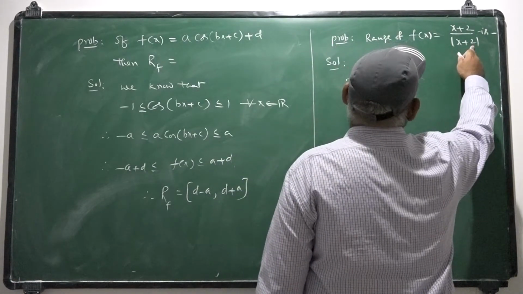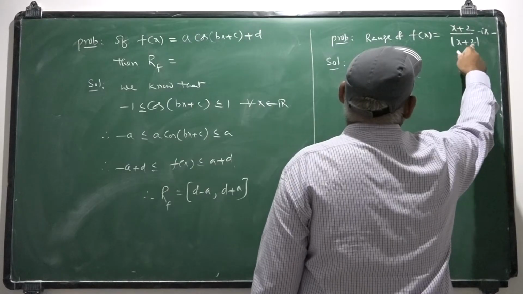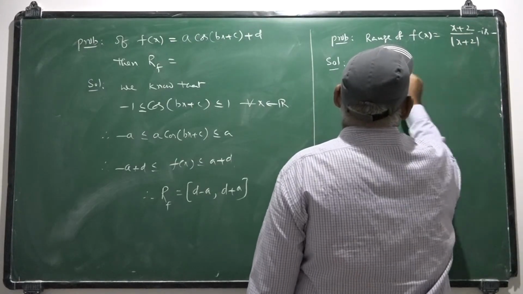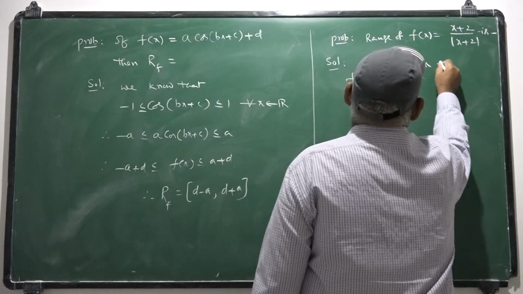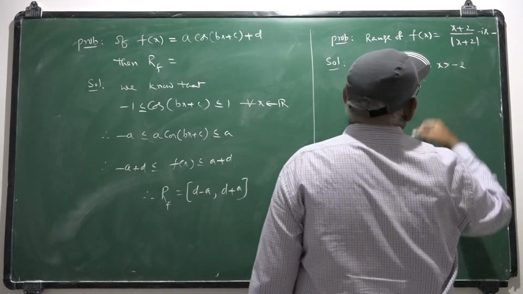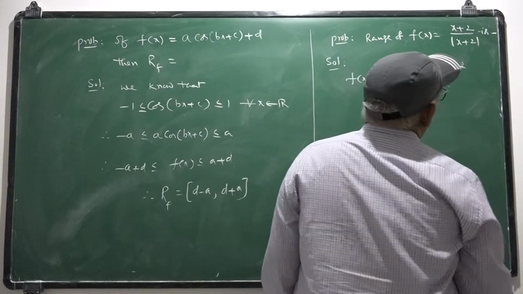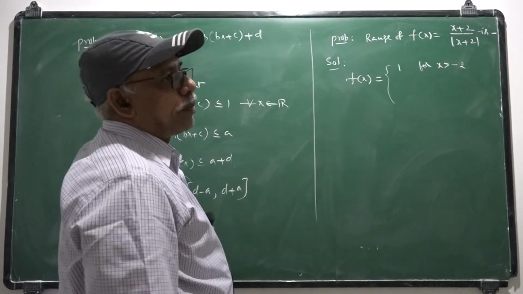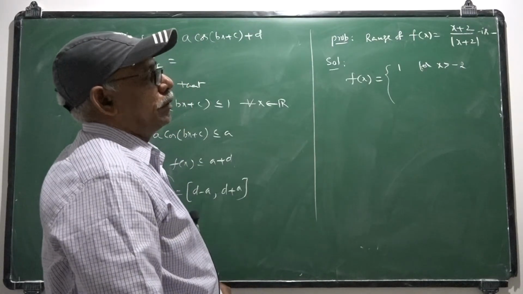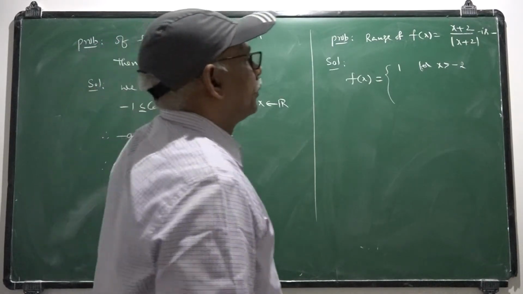For x more than minus 2, this is 1. Hence, f(x) is 1 for x more than minus 2. x cannot take the value minus 2 because the denominator cannot be 0.